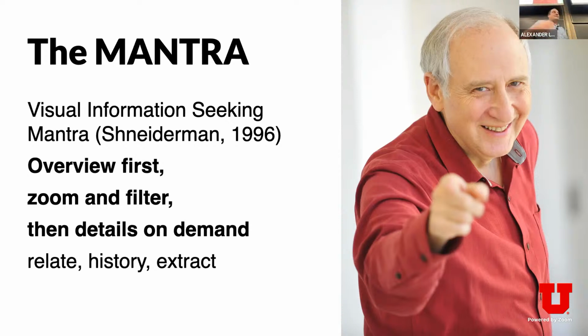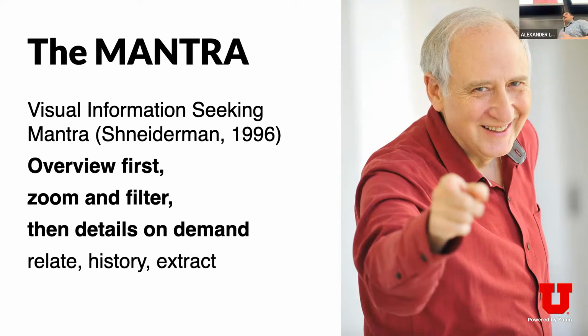He developed the visualization information seeking mantra: overview first, zoom and filter, then details on demand. He continues it with relate, history, and extract. But the first three lines are a data exploration paradigm that people have really adopted and emphasize in many papers.